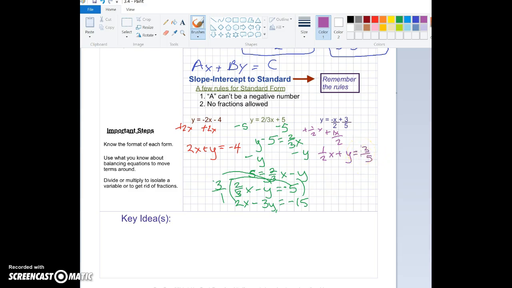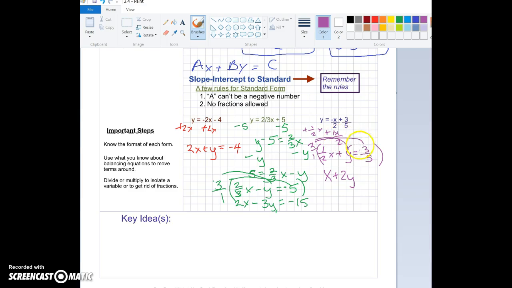Now I can't have any fractions, so I'm going to first get rid of the fraction 1/2 that's in front of the x. I'm going to make sure that what I do is I multiply by the denominator 2. So I'm going to multiply by 2 over 1. And this becomes 2 times 1/2 becomes 1x, so I can just write x. And then 2 times y becomes 2y.